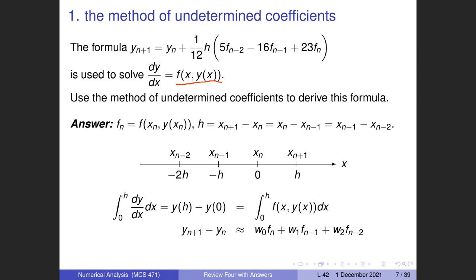For this problem setting, it is important that we can relabel the points in terms of the step size. So h is the distance between the points, and we're going to use the integral between xn and xn plus 1, or with the relabeling of the points, the integral from 0 to h.